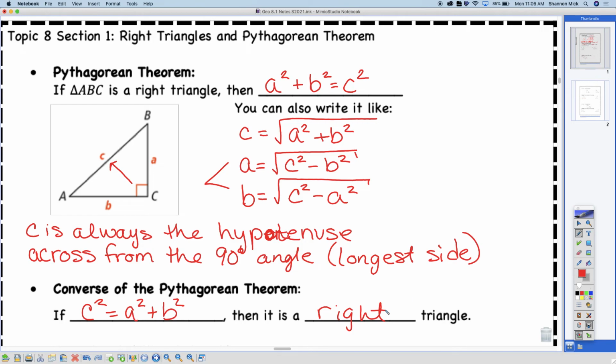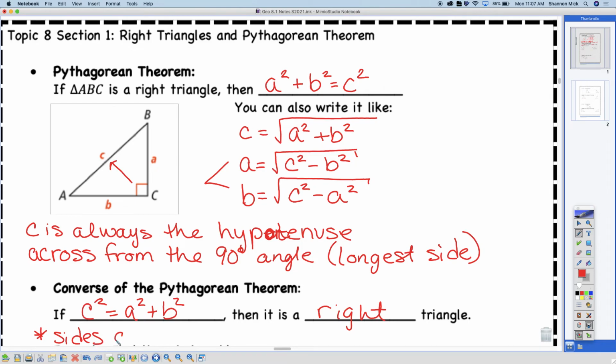Now, if this happens, the sides are known as Pythagorean triples.